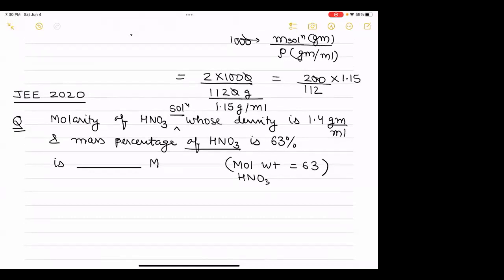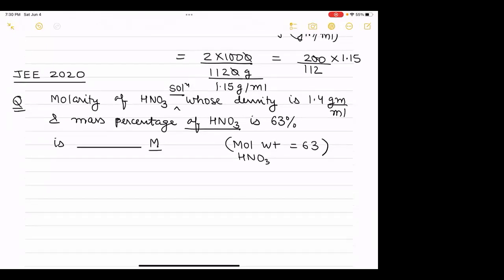So keep in mind one thing, what you want. You want molarity. What is given? Mass percentage is given, that is the mass of HNO3 divided by total mass.